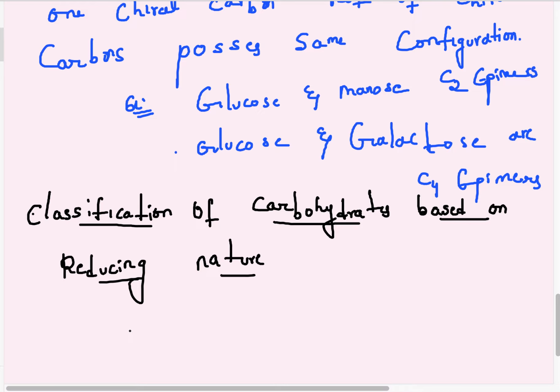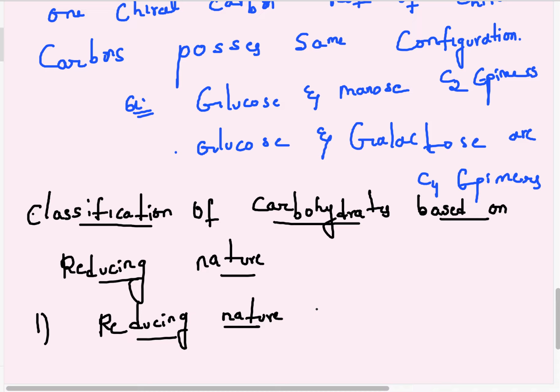Okay. Now, first one I am going to write is reducing sugars. These are important; competitive NEET and mains examinations ask them. And after drawing the structures of monosaccharides and disaccharides, I will show why each is reducing. Where is the anomeric carbon? Everything I can show.